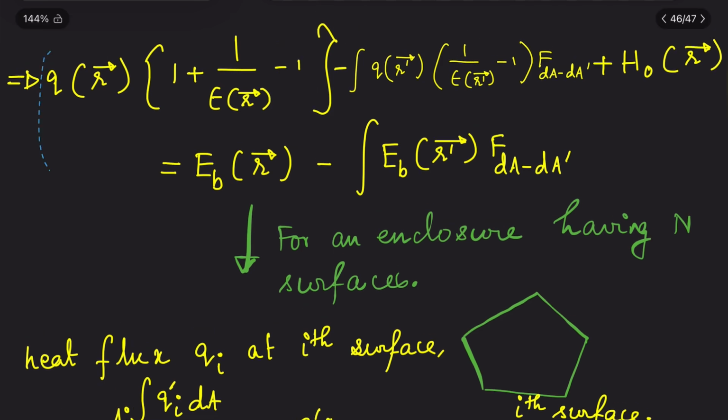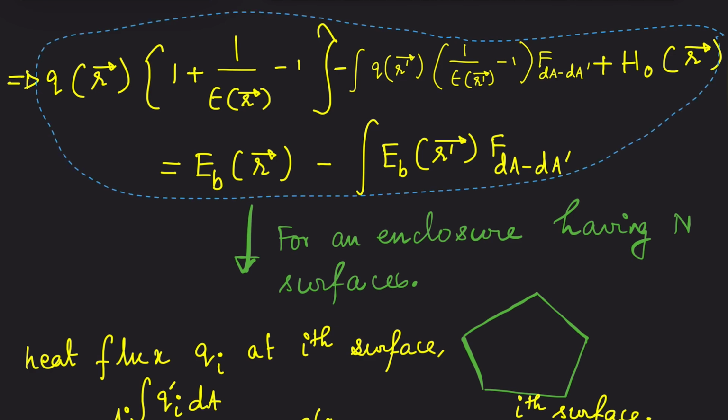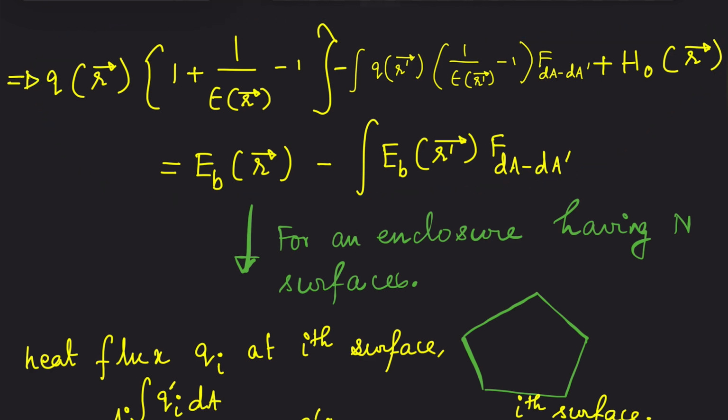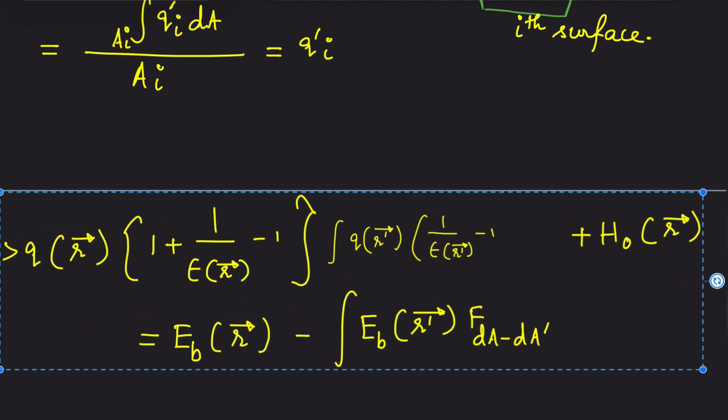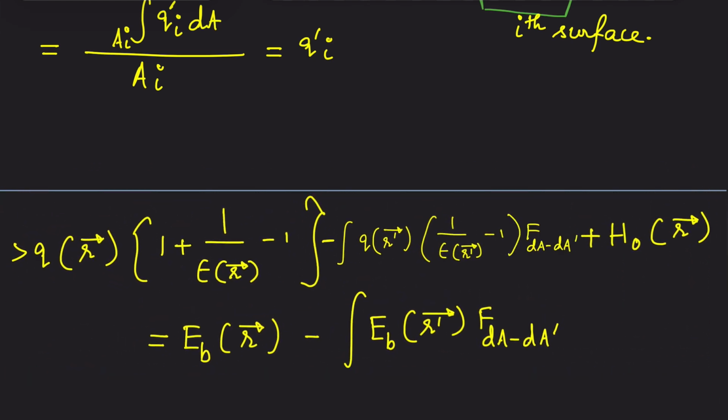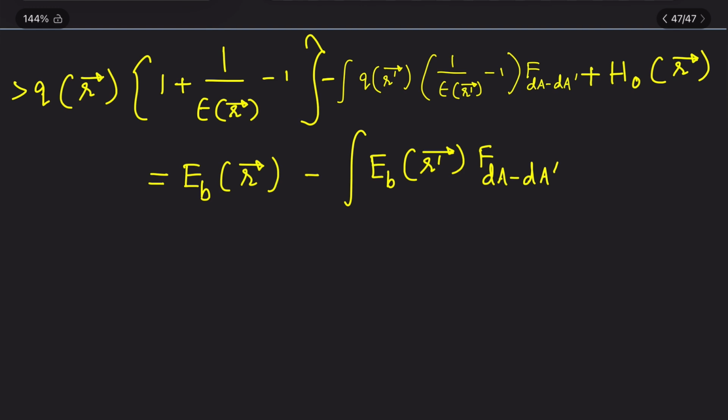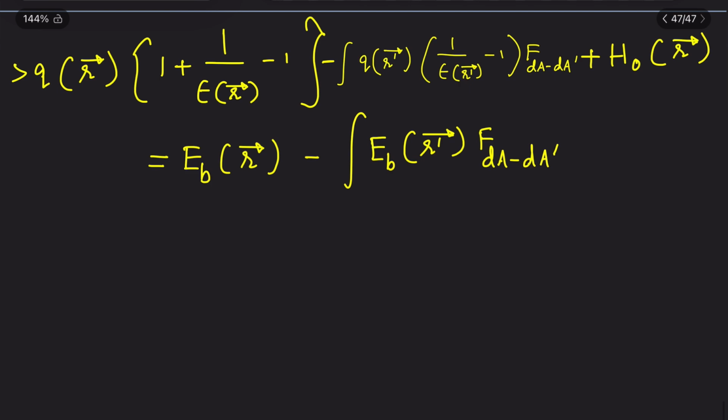So first let me again copy this equation. Copy, paste. So I need to find qi, the heat transfer at the ith surface. i can be any number from 1 to n, right? So I need to find qi, so let me write it with this color. So this q of r will be here qi.